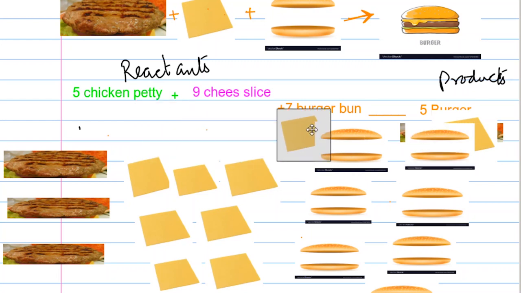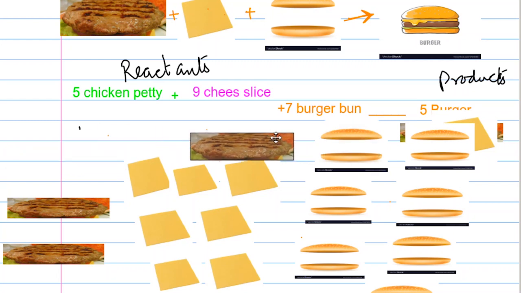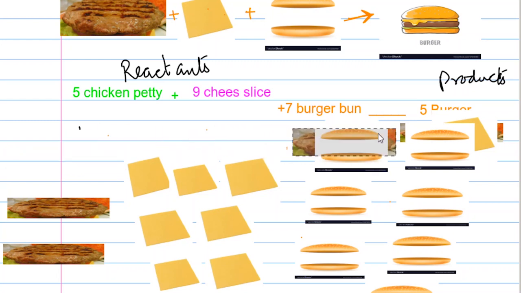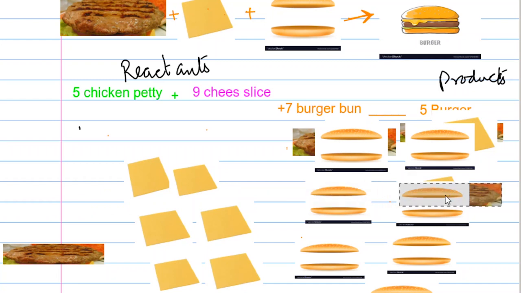In the second burger, one cheese slice will move here and a chicken patty will be here. The material for 2 burgers is ready. Next, we are going to prepare the third burger.